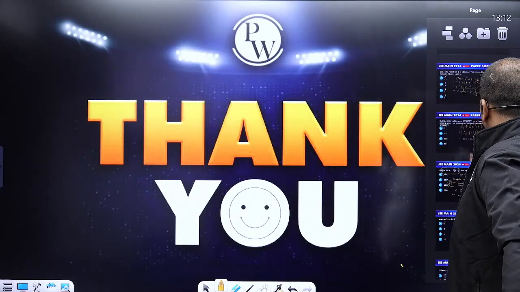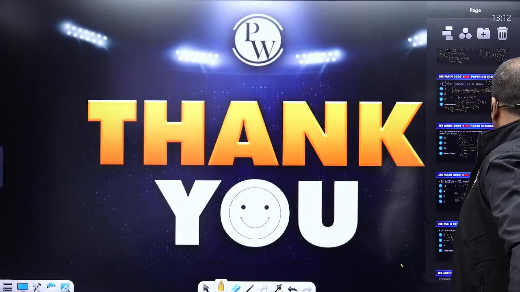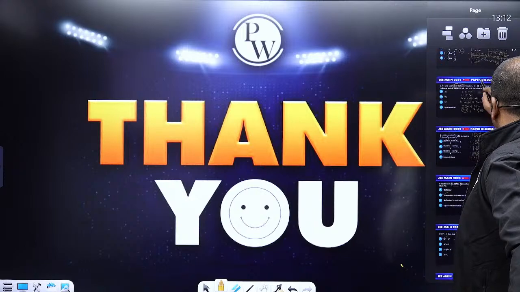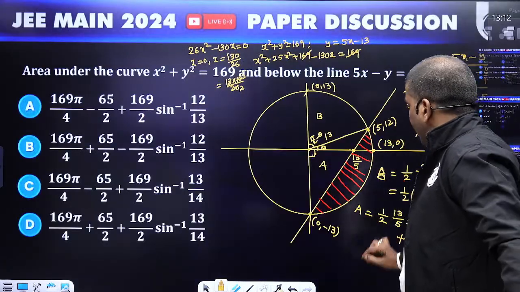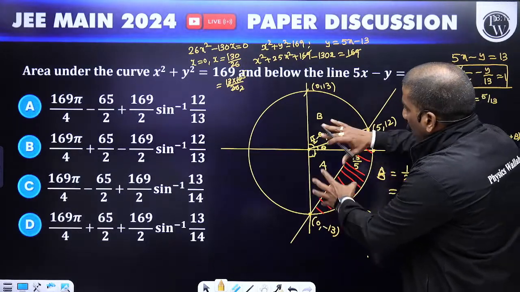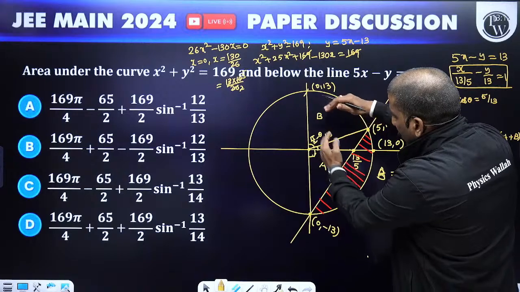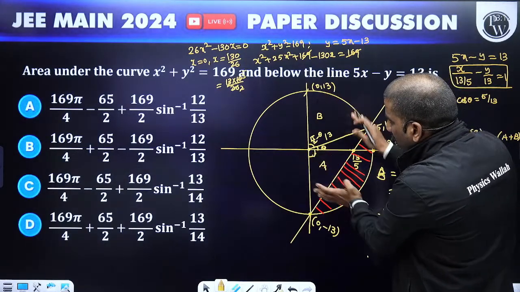Once again, I am repeating. See what I said here. We want only this portion, right? I am taking the total semicircle. In the semicircle, we need to subtract A and B. What is the area of the semicircle?